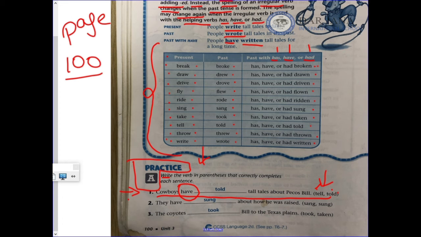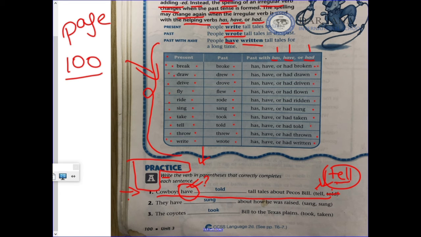But the trick is, once you see the helping verb, and let's say you don't have the word told, you have only tell, this is the verb that you're going to transform. So you ask yourself the question, do I have a helping verb? You go to the chart and check. Tell, where is tell?